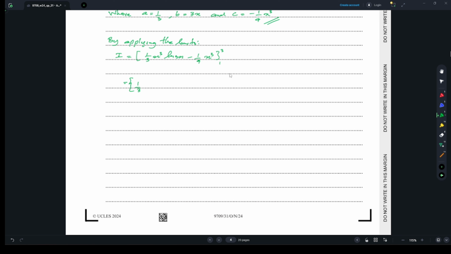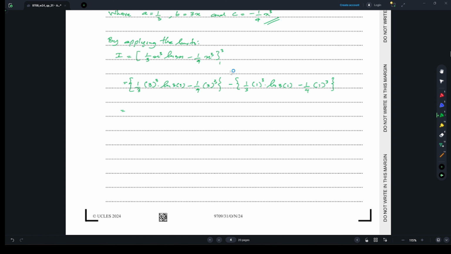So 1 over 3, and here 3 cube times ln of 3 times 3, minus 1 over 9 times 3 cube, minus, and now the lower limit: 1 over 3, here 1 cube times ln of 3 times 1, minus 1 over 9, here 1 cube.